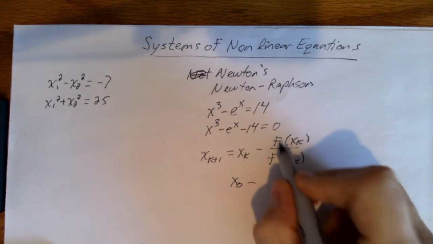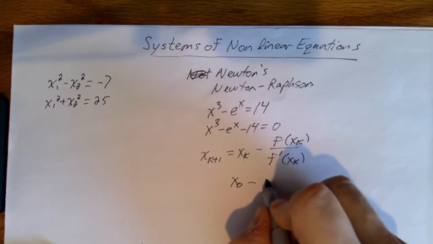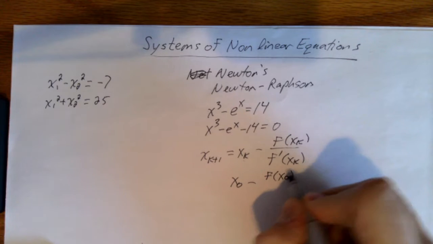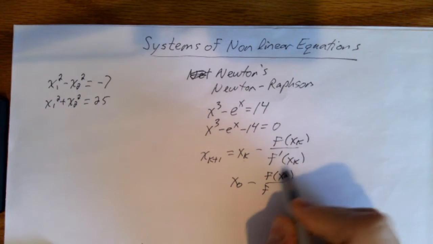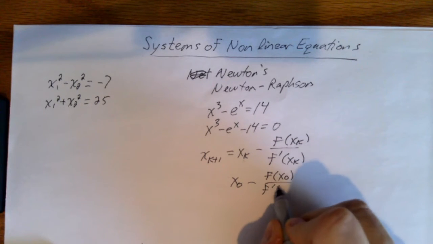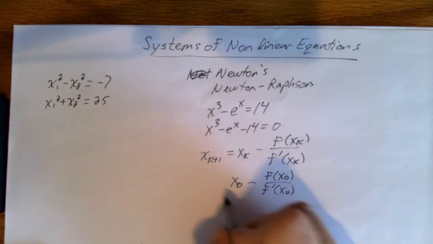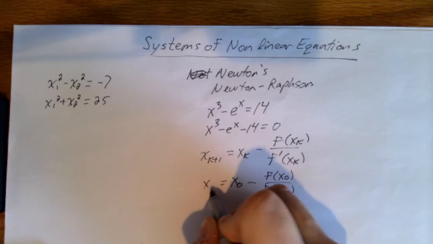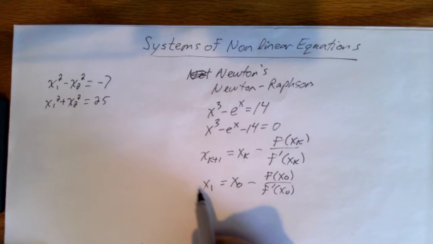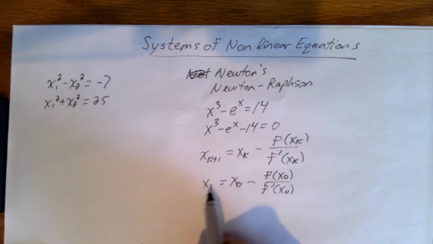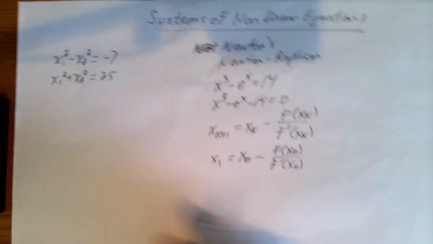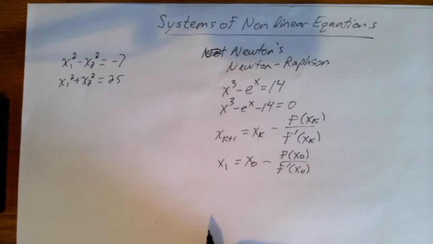We would plug that in and this would give us our first estimate, x1. And then we repeat by using x1 over here to get x2, x2 over here to get x3, and so forth. We can do something similar here.